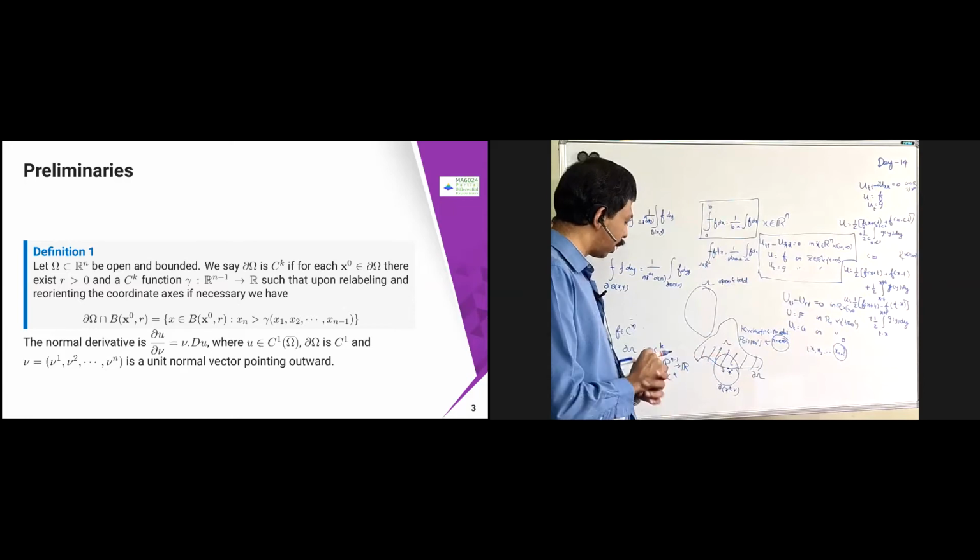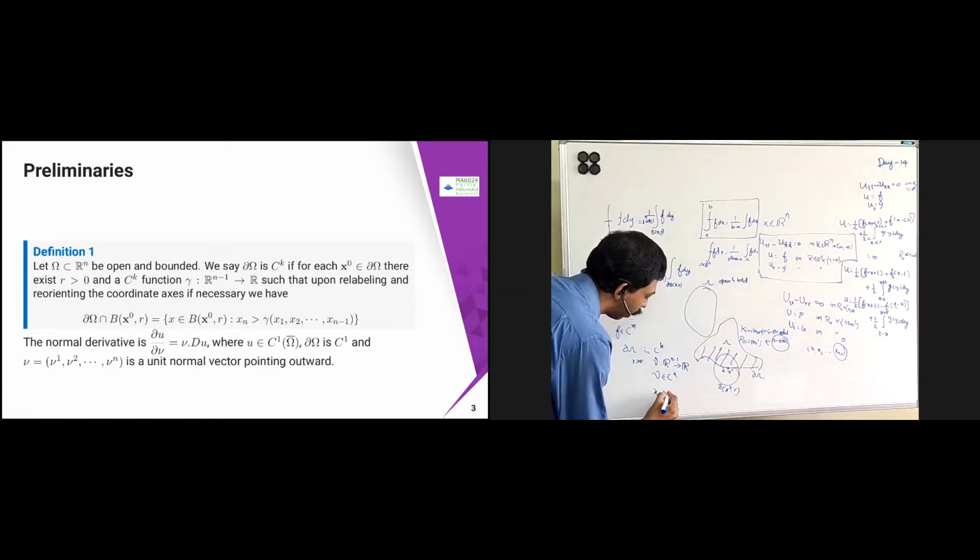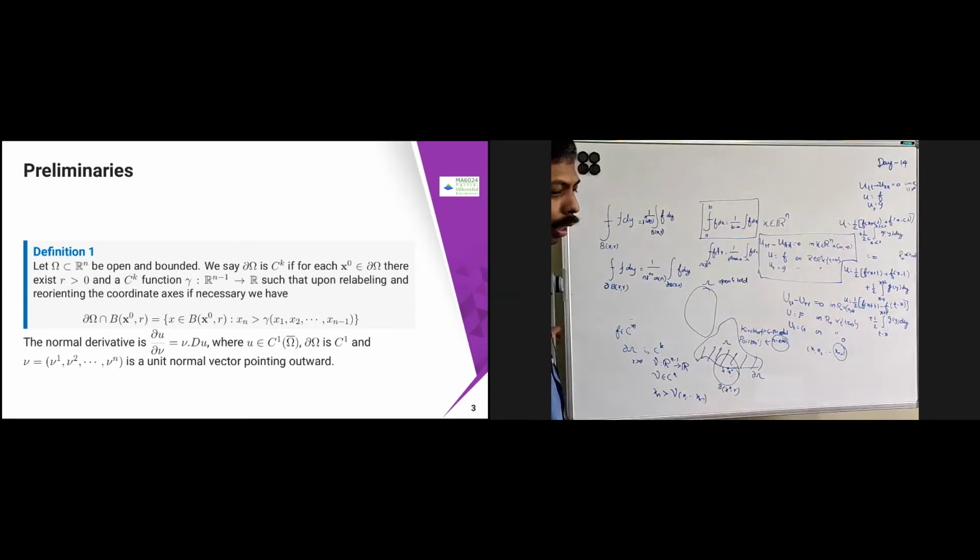It's a mapping. So I collect the set of all x such that xn is greater than gamma of x1, x2, etc., xn-1.